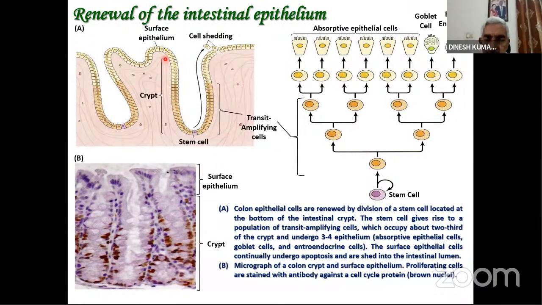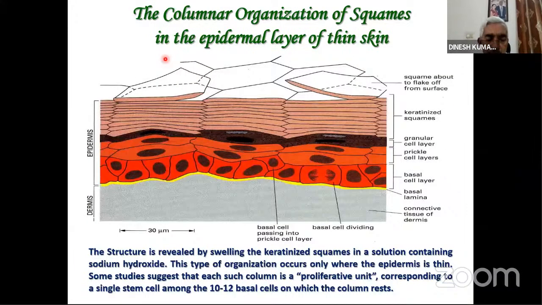Likewise, this is the case of intestine, whereas in the case of skin, your skin is also in touch with the harsh environment, and there is also removal of epithelial cells from the top of the skin.